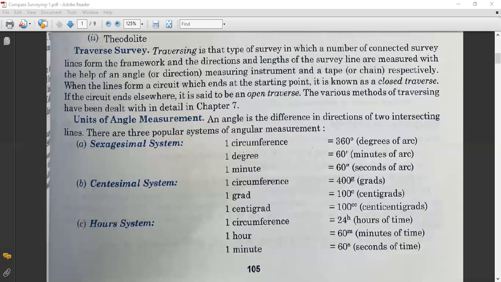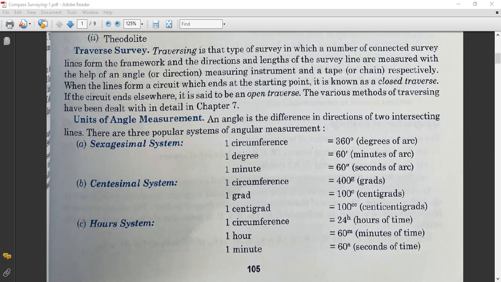One degree is 60 minutes. See here how to write the degree, how to write the minute. And next, 1 minute is equal to 60 seconds.